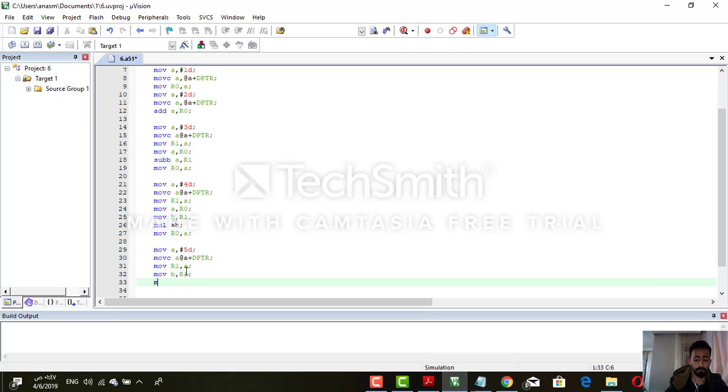After that, move, because register 1 will be used in the end.